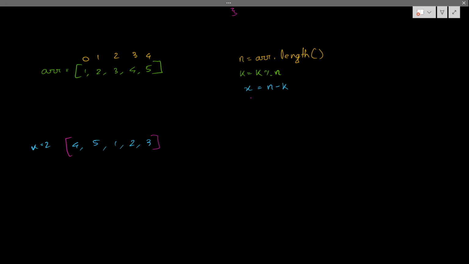I am storing this value in x, or I can directly use n minus k. So here I have to start a for loop, i equals n minus k, i less than n, not 0, i plus plus. And I have to again create a new array as earlier and add to this array. Better to do it as a vector, it will be easy, otherwise you have to do index calculation.